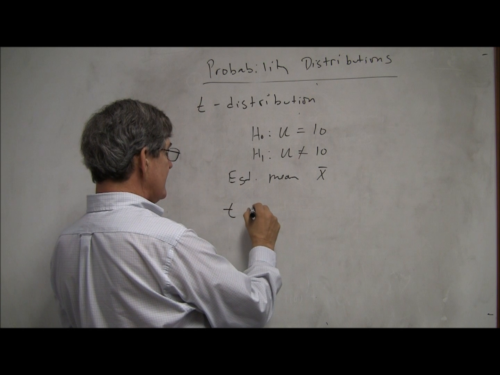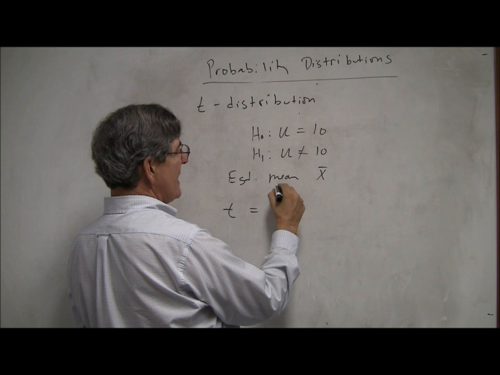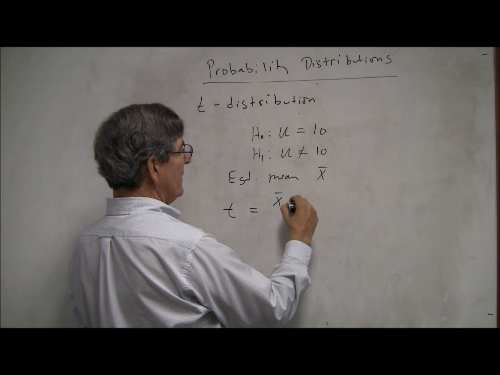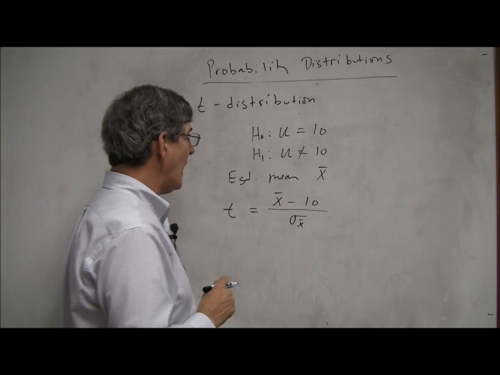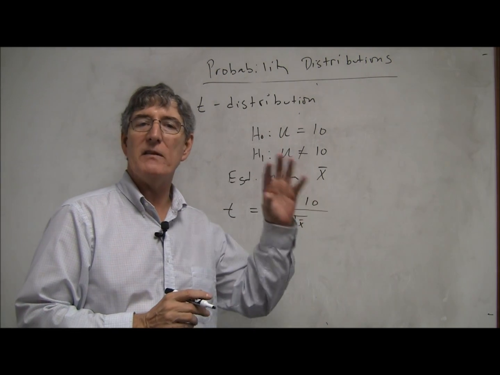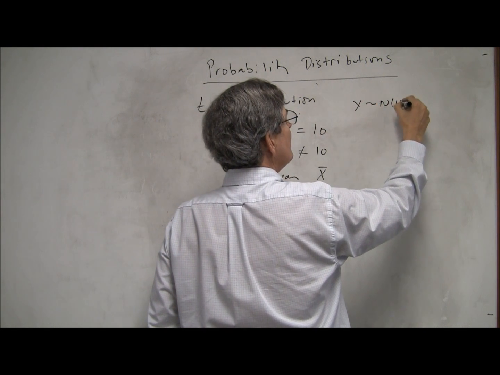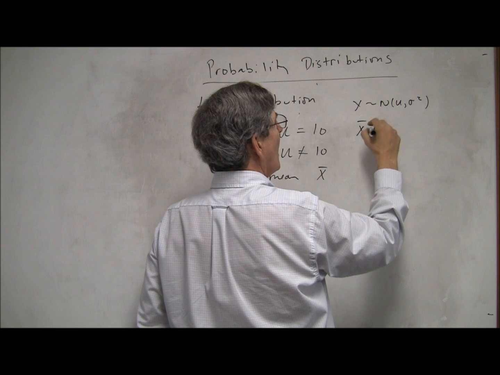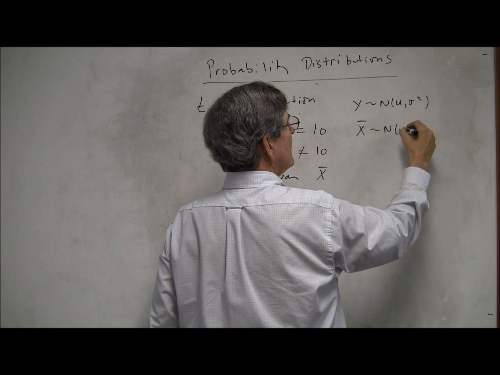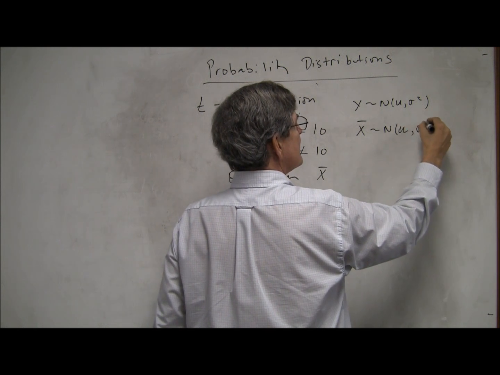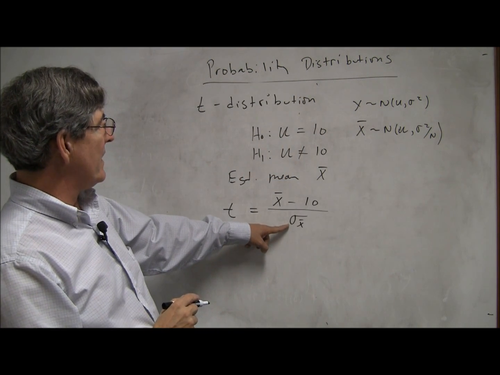And so the t statistic that you learned was equal to x bar, which in my example on the first video I made 12, so 12 minus 10, over the standard deviation of x bar, which turns out to be sigma squared, the variance of x, over n. So if x is distributed normal, then x bar, the mean, is distributed normal with the same mean, and the variance is sigma squared over n. So this would be the sigma squared x over n.